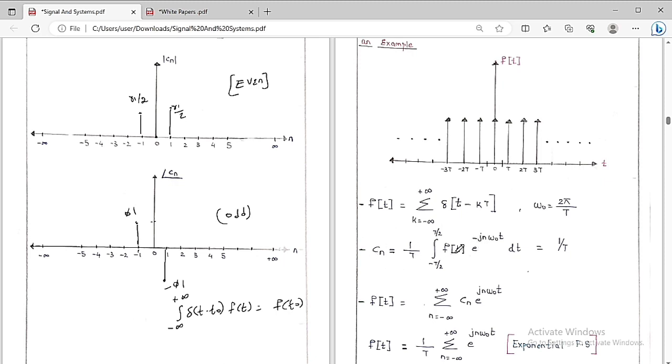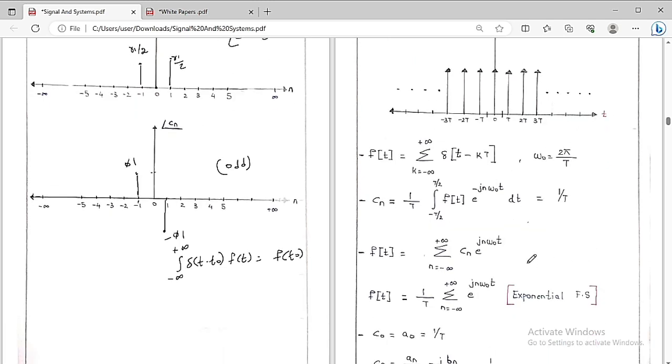Here t naught is equal to 0, so if we substitute, we are going to get its value equal to 1. So 1 into 1 by T is 1 by T. So we are going to get Cn equal to 1 by T.